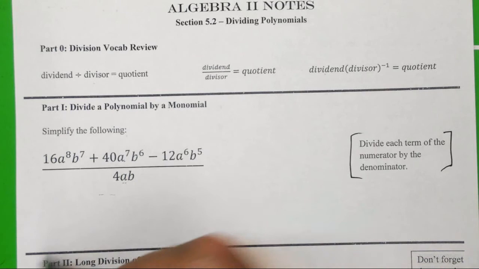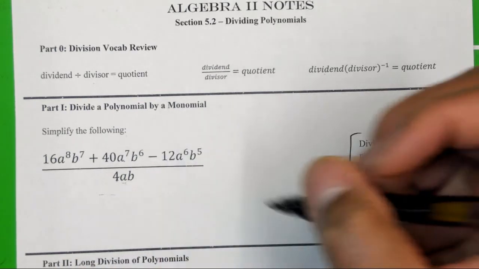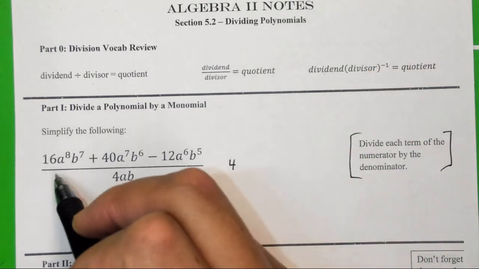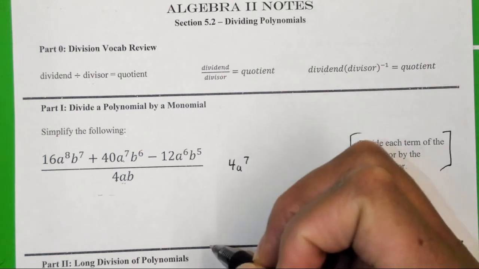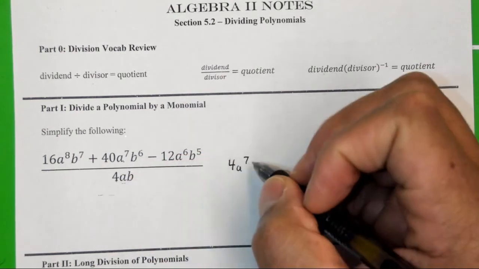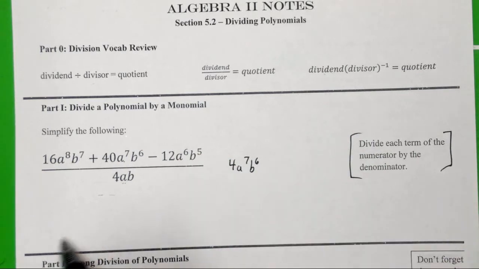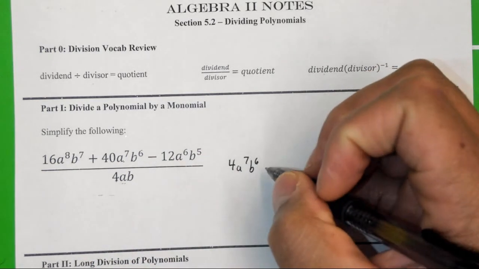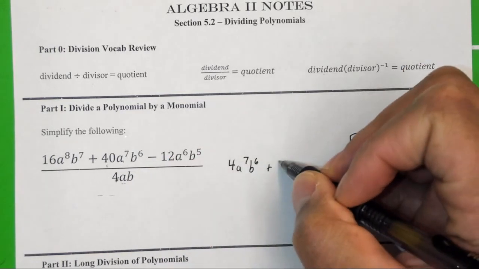Okay, so if we look at this, again, we take 16 divided by 4, and that's 4. A to the 8th over A, subtract your exponents, A to the 7th, B to the 7th over B, B to the 6th. Hopefully this matches what you came up with over here. Second term, do the same thing. 40 over 4, 10.